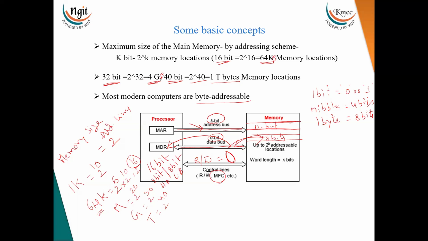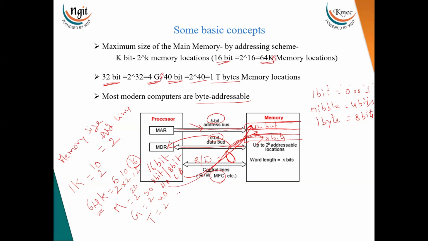It places the starting address, and the lower byte will be stored into that location. After that, the address is automatically incremented, and in the next consecutive memory location the higher byte will be stored. Now 2 bytes are stored in consecutive memory locations, but only one address is placed on the address bus.